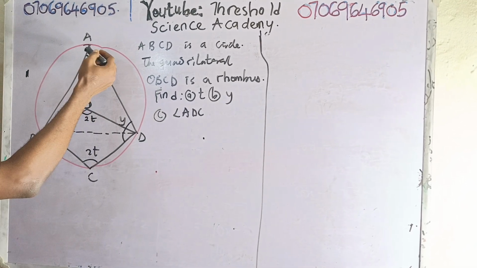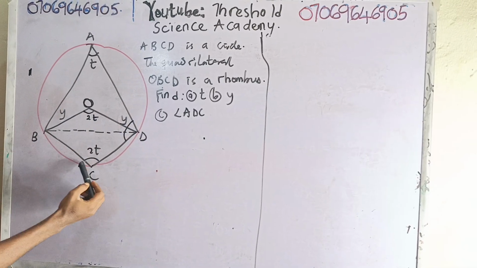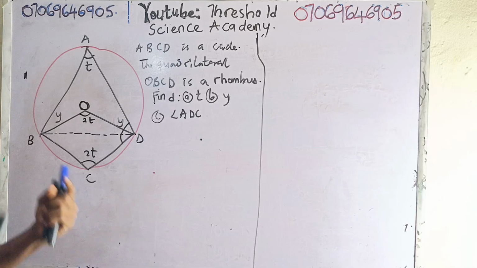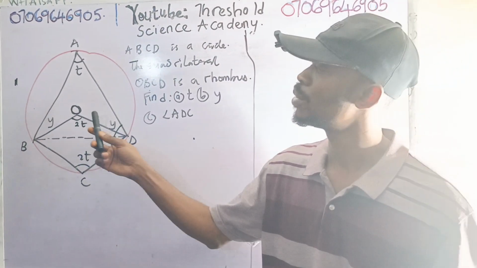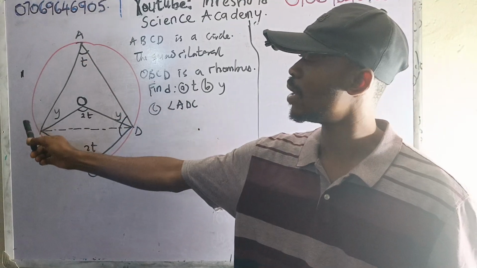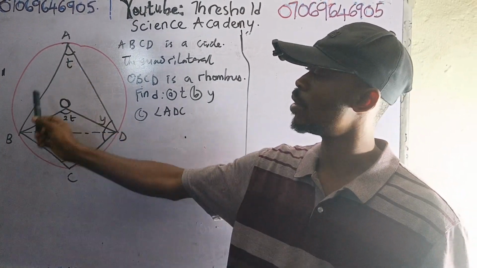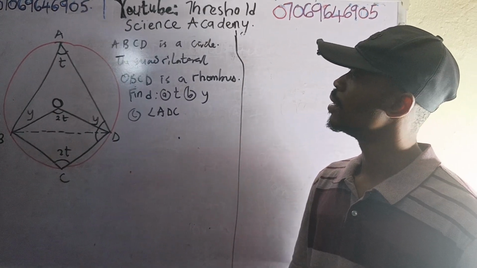And then another theorem we are going to be making use of: if you check quadrilateral ABCD, this four-sided shape, it's a cyclic quadrilateral. Cyclic quadrilaterals are quadrilaterals whose vertices, whose corners, are always on the circumference of a circle. And this is a typical one of that.